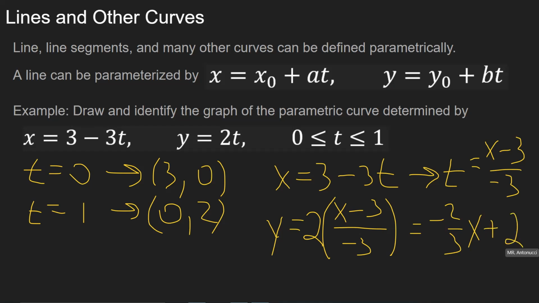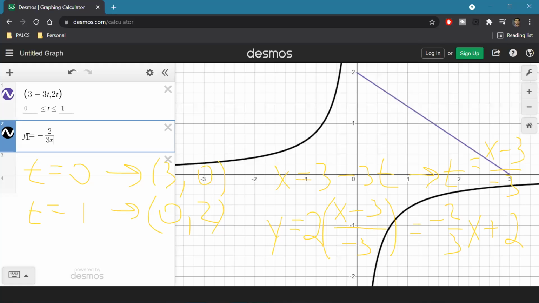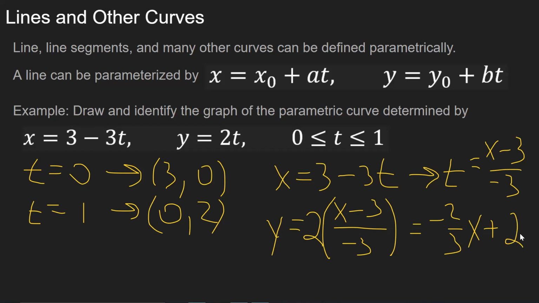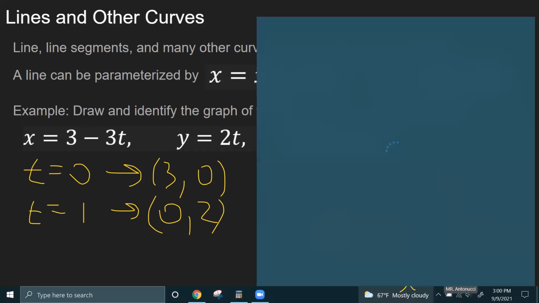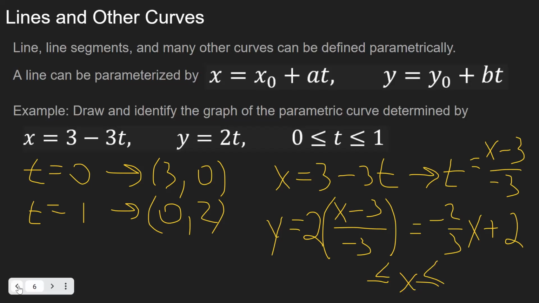Now, if I go back over here and graph y equals negative 2/3 x plus 2, it's going to give me the entire line, not just the segment. So I would have to restrict the domain so that x goes from 0 to 3. And that would give me the line segment for that one.